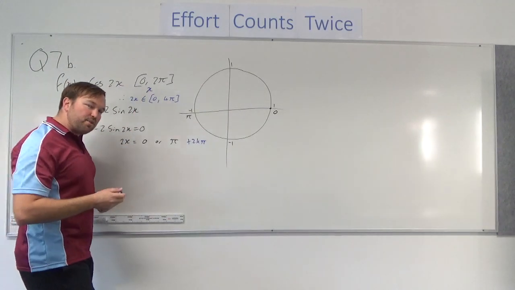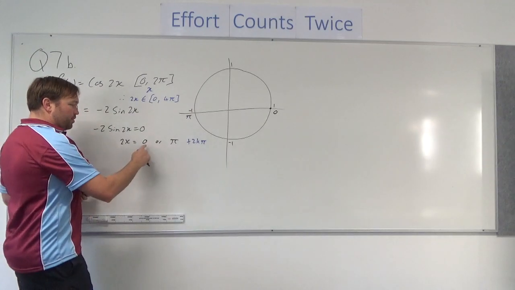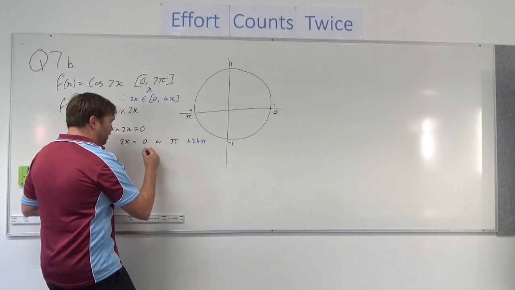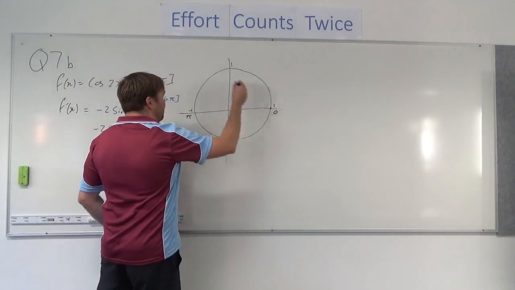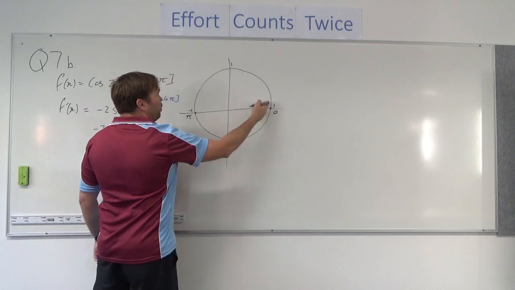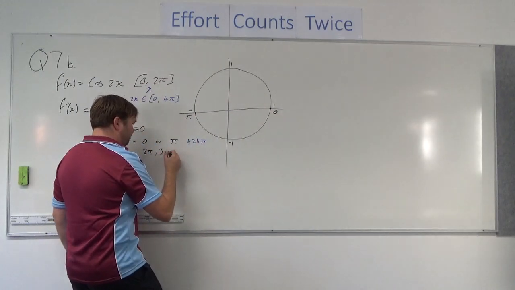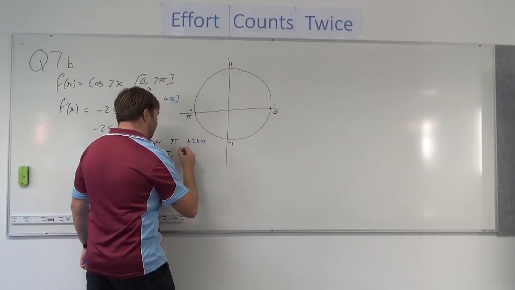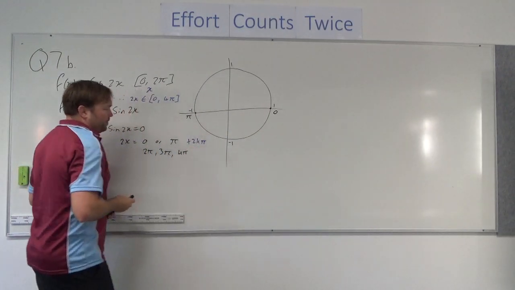So really, our solutions in this case are not just 0 and pi, they are 2 pi, they are 3 pi, and technically, because 4 pi is included, we're back here at 4 pi.